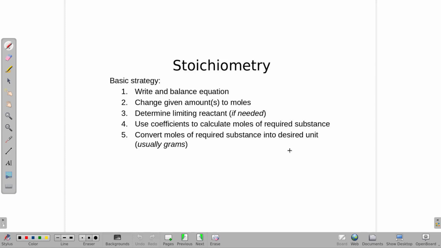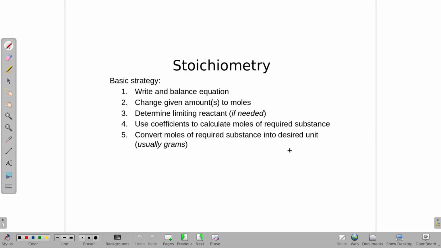So when we talk about stoichiometry, what we're starting with always is a balanced equation. Sometimes we'll have to write out the equation, sometimes we'll have to write it out and balance it, sometimes that will be given to us. Once we have that, and we have a relationship between compound A and compound B in that balanced equation, we can start.